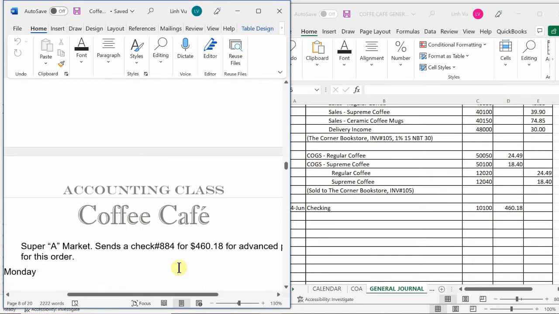A customer decides to pay us in advance for an order that has not happened yet. What account are we going to use to represent this? Prepaid? Prepaid is when we make an advance payment. Okay, would it be accounts payable?